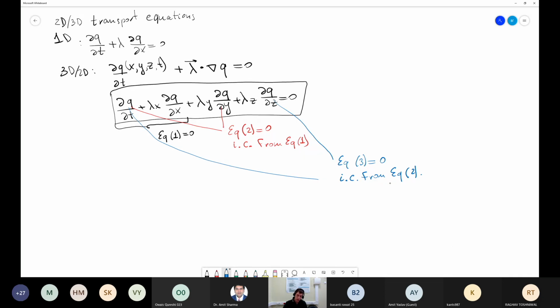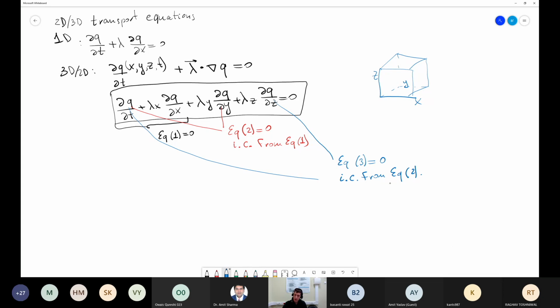And to solve it successfully, in the 3D case we have the cube and also time. So we have to set the initial conditions for x, y, and z.